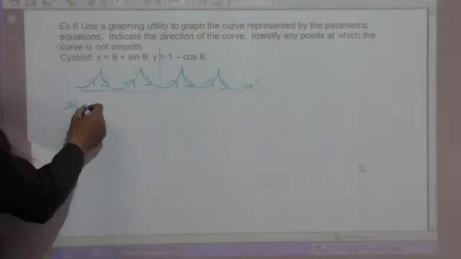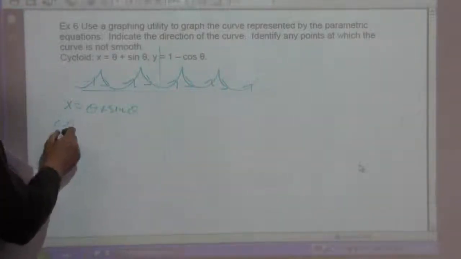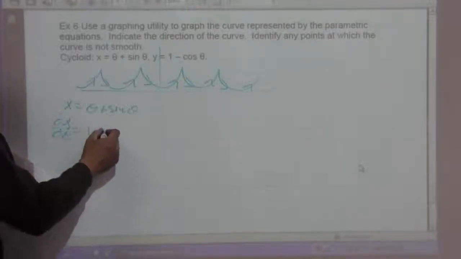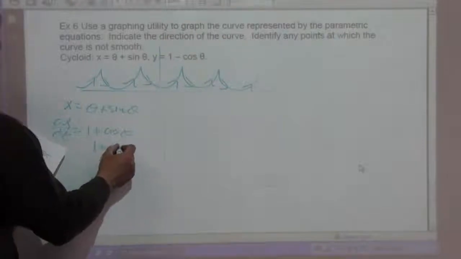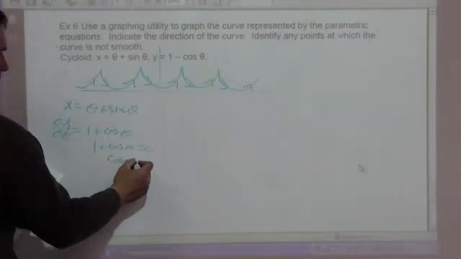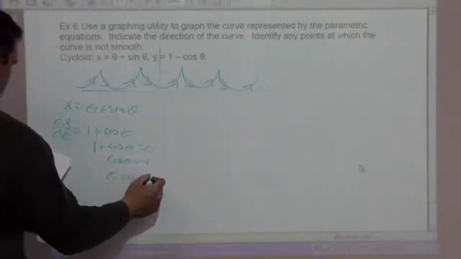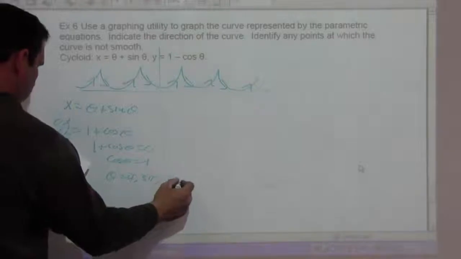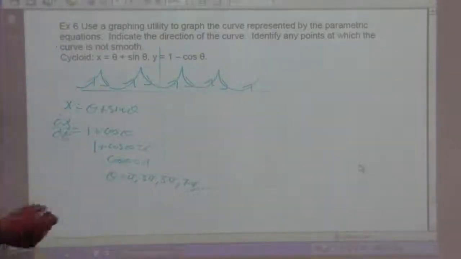So if we have x equals theta plus sine theta, dx/d theta is going to be 1 plus cosine theta. We're going to see where 1 plus cosine theta equals 0. Cosine theta equals negative 1, so theta would be pi, 3 pi, 5 pi, 7 pi, and so on.